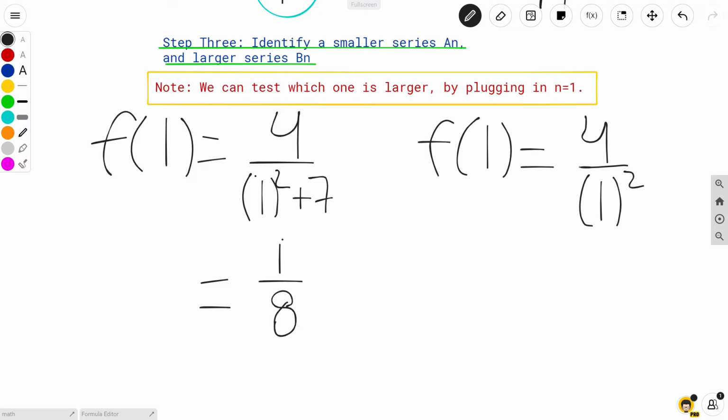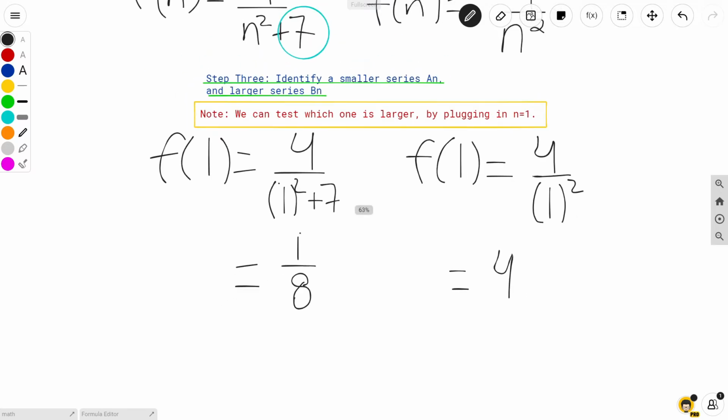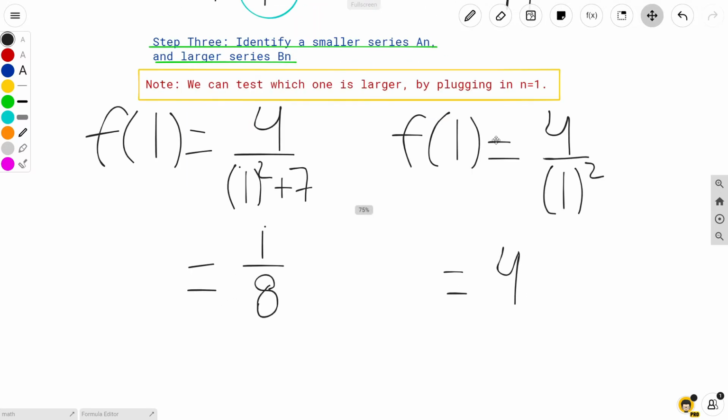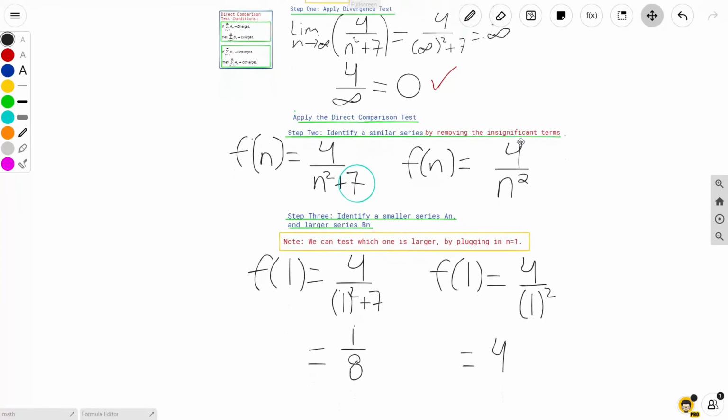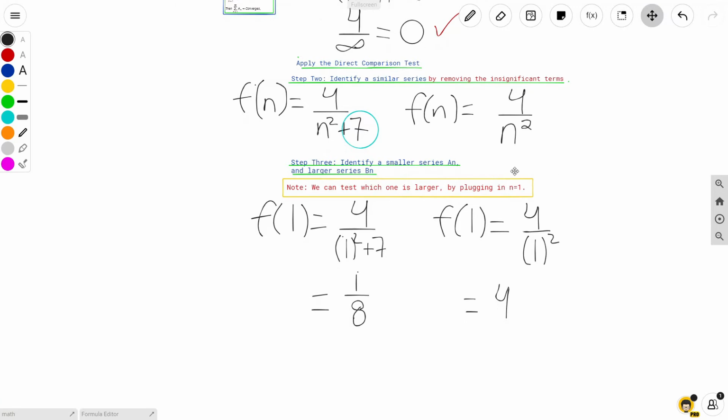And then this one equals simply 4 divided by 1 squared, so that's 4. So clearly, our b sub n is equal to the more simplified function, which is 4 over n squared.